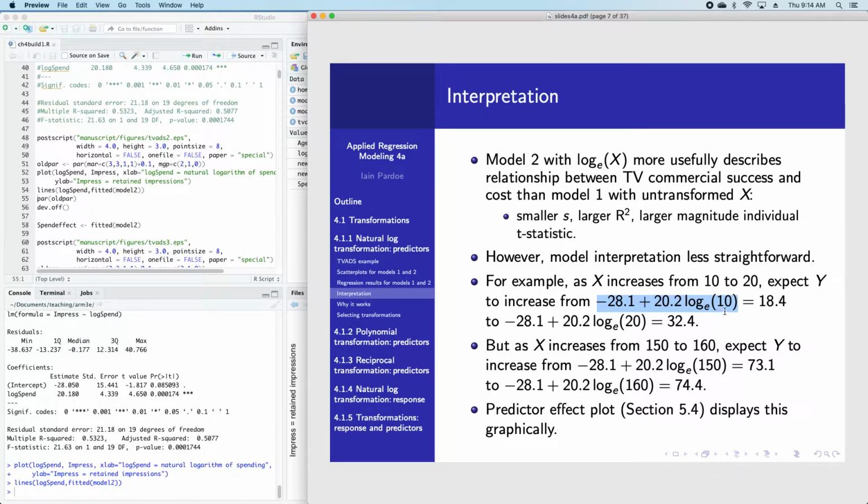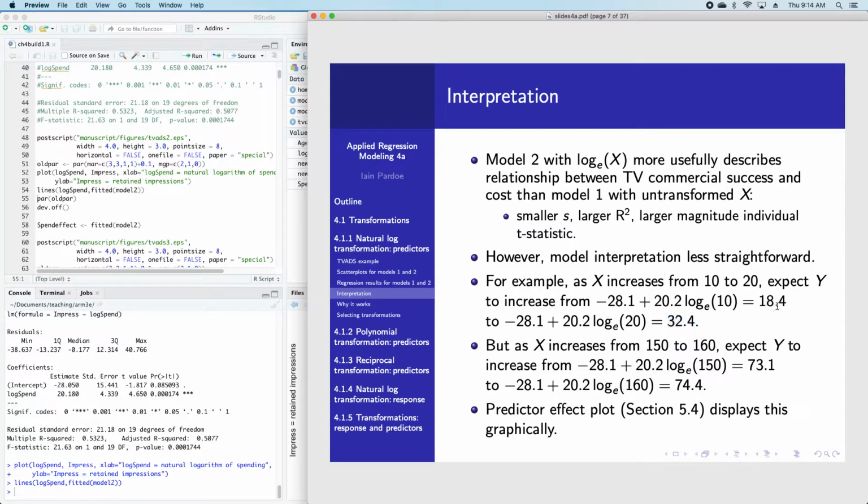It's plugging in 10 to our regression equation. So plug in 10, you take its natural logarithm, you multiply by the parameter estimate, and then add on the intercept, and you get 18.4 as a predicted value when x is 10. And then you do the same when x is 20, and you get 32.4.